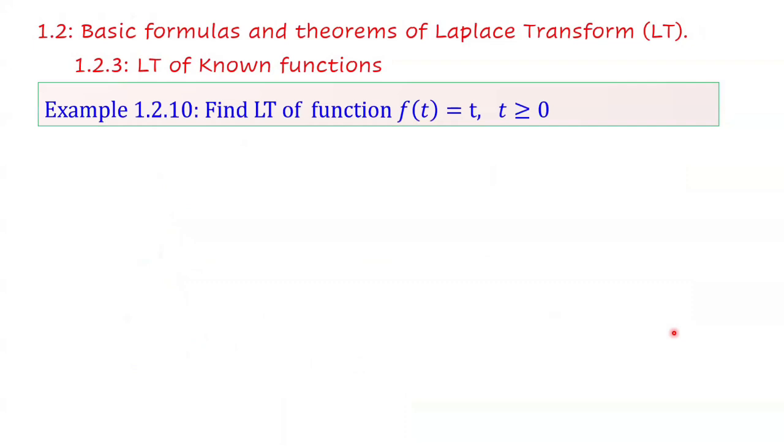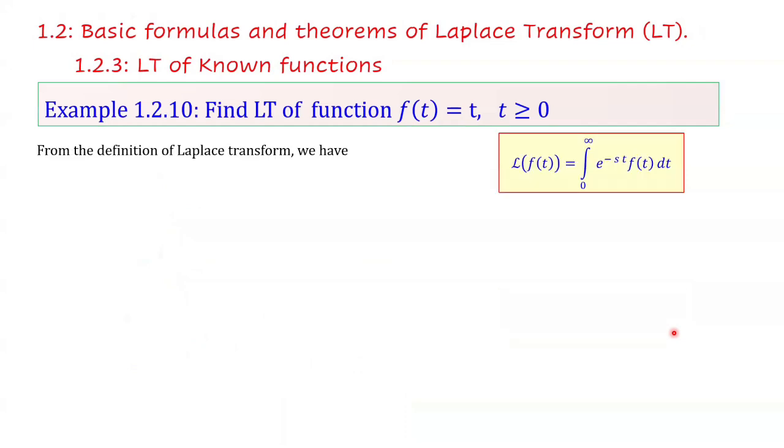Now in the next example, we will find the Laplace transform of the function f(t) equal to t, for t greater than or equal to 0. Again, we recall the definition and replace f(t) by t and solve the integration. We proceed in a similar way as in the previous example, but here the integration has to be done by the parts method or the tabular method.